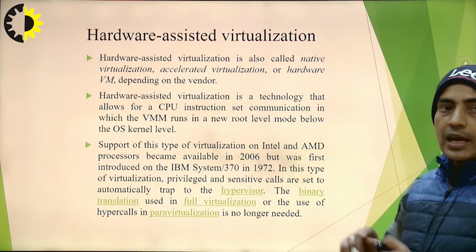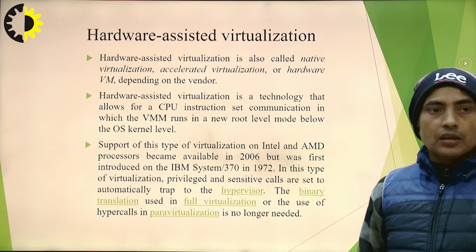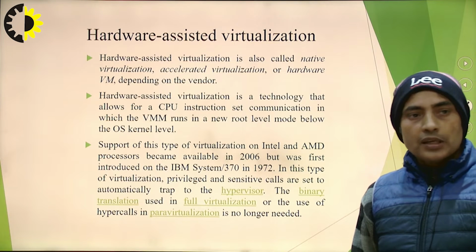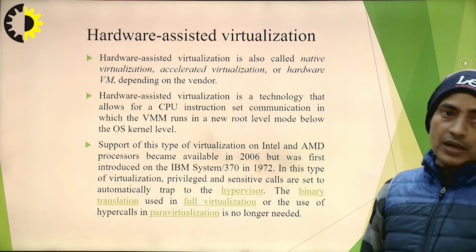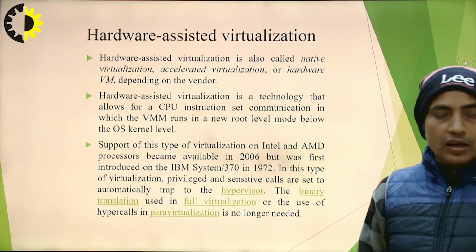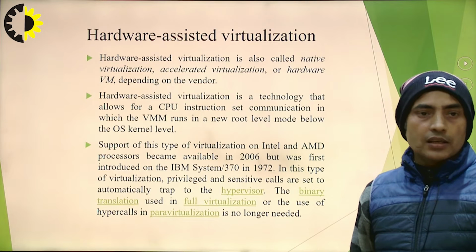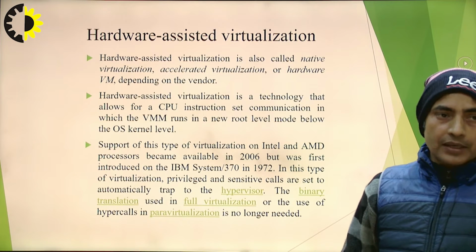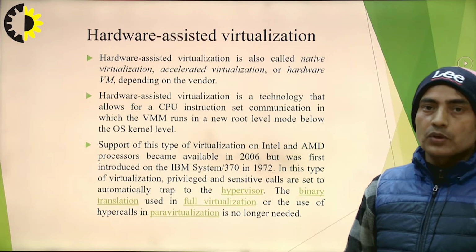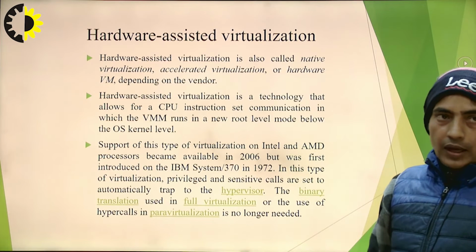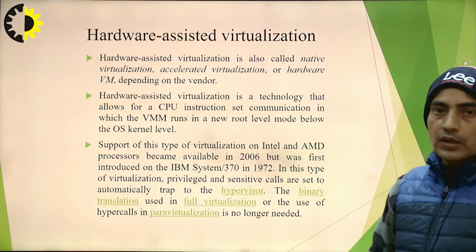In this type of virtualization, privileged and sensitive calls are set to automatically trap to the hypervisor. Binary translation, as in full virtualization, or the use of hypercalls, as in para virtualization, is not required. So these two techniques are not required in hardware assisted virtualization.